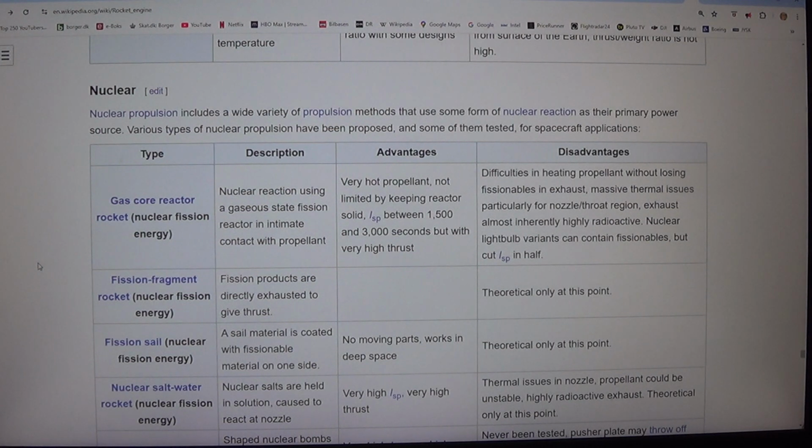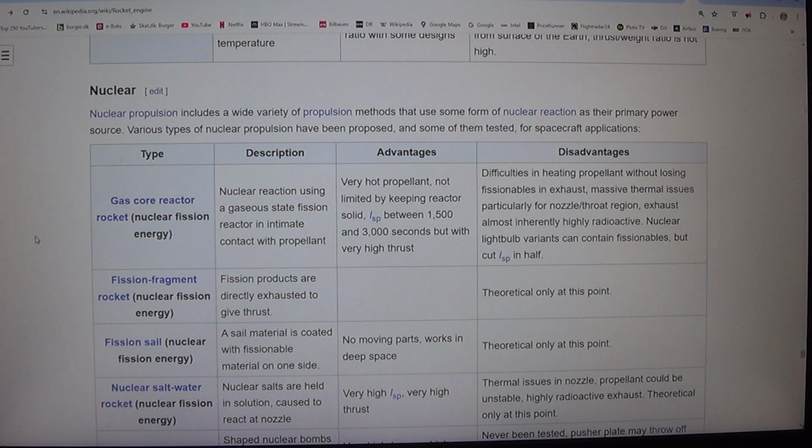Nuclear propulsion includes a wide variety of propulsion methods that use some form of nuclear reaction as their primary power source. Various types of nuclear propulsion have been proposed, and some of them tested, for spacecraft applications. Type, description, advantages, disadvantages. Gas core reactor rocket, nuclear fission energy, nuclear reaction using a gaseous state fission reactor in intimate contact with propellant.